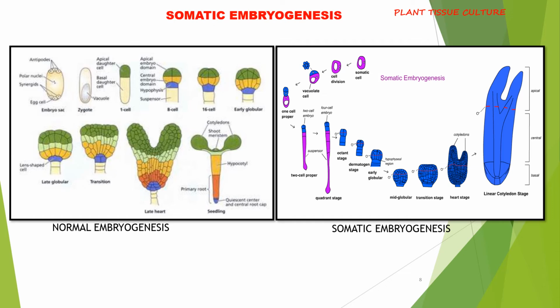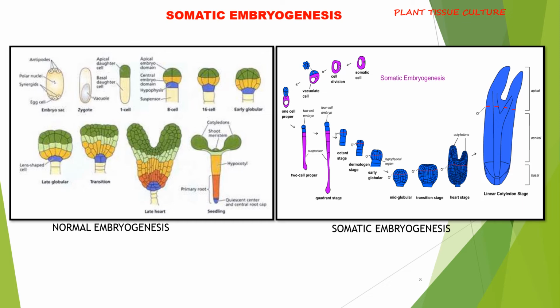Figures here illustrate normal embryogenesis and somatic embryogenesis. The figure on the left shows normal embryogenesis in plants. Here, the male gamete fuses with the egg cell in the embryo sac to form the zygote.